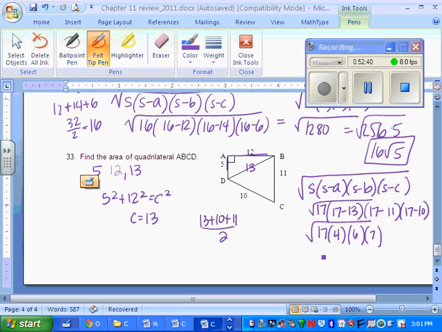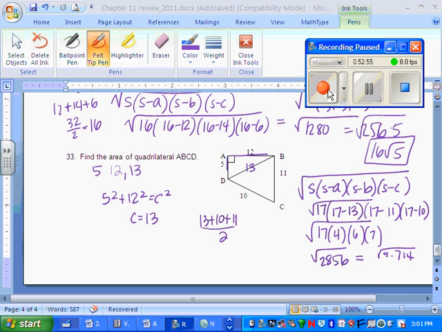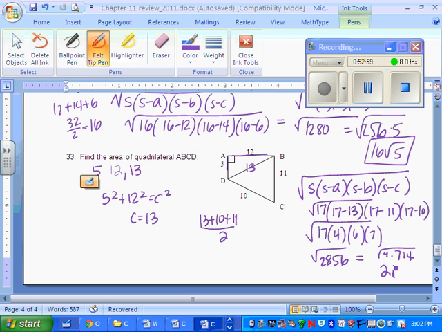Square root of all of it. Looks like I get 2,856. That should be simplified to 4 times 714, which equals 2 square root 714. Okay, that's the area now of this triangle, 2 root 714.